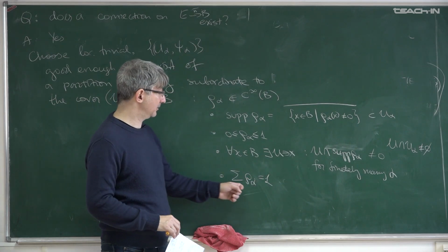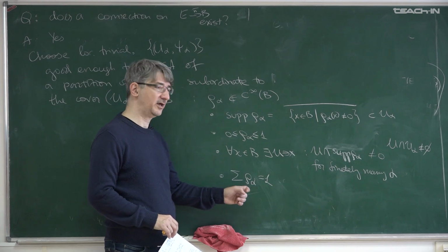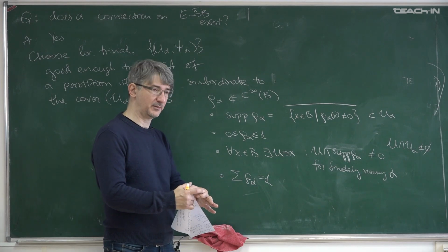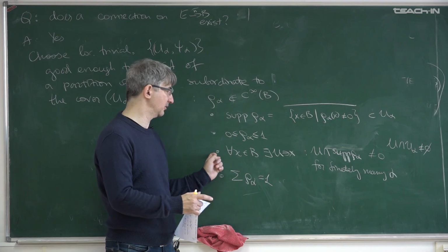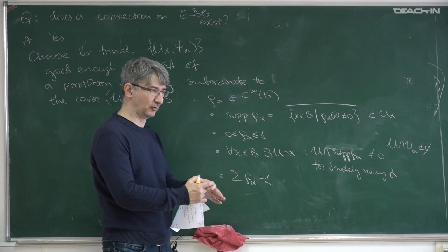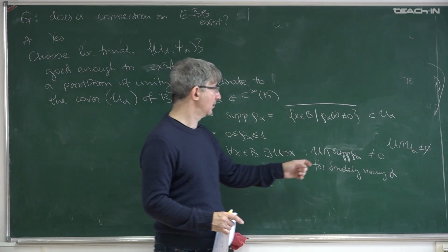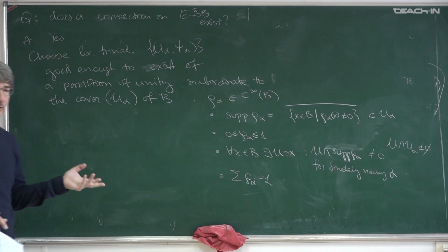At each point, this sum is finite. And moreover, if you take a point in some neighborhood, this sum is also finite. That's why we need this third condition. So for each point, you have a small neighborhood in which you have only a finite number of functions which are non-zero.